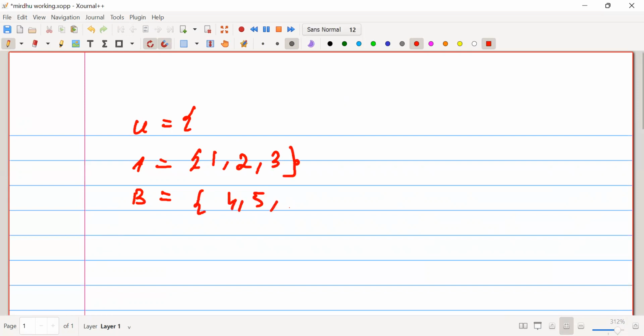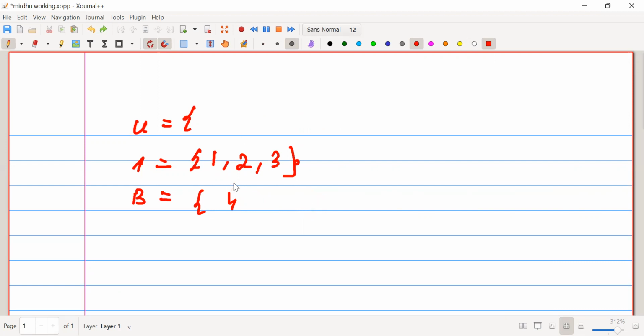Oh, these are ordered pairs you are saying. Okay. Universal set like this.